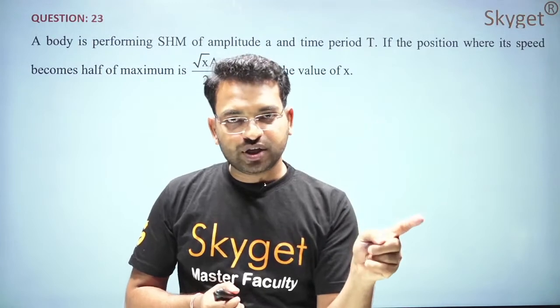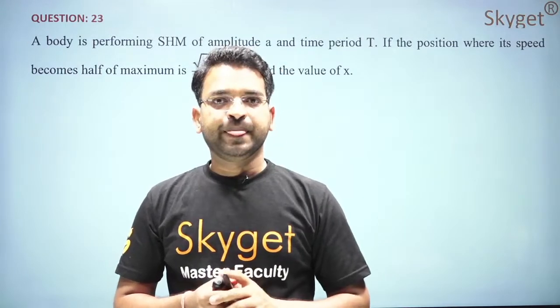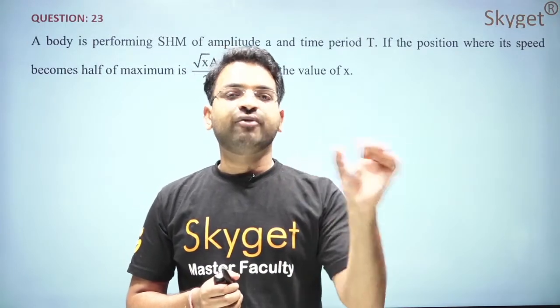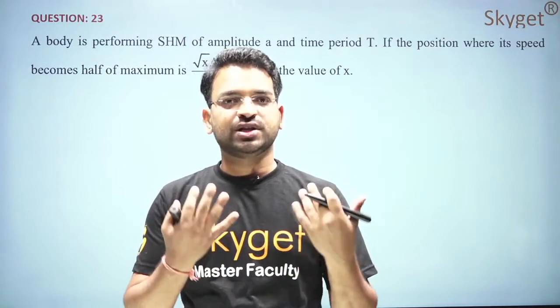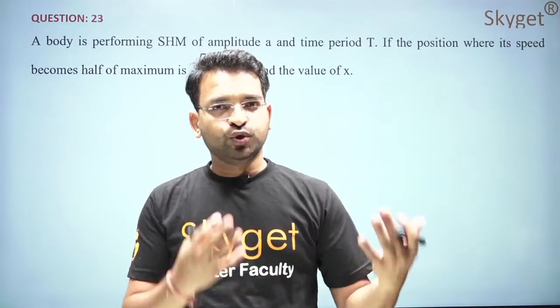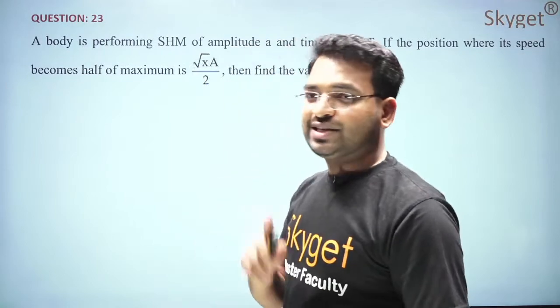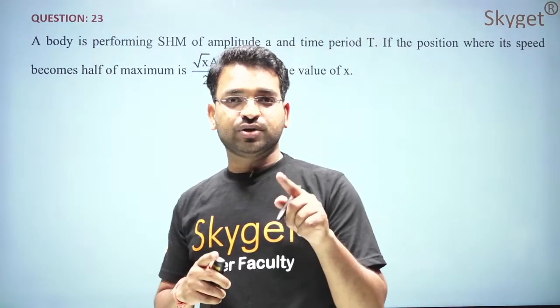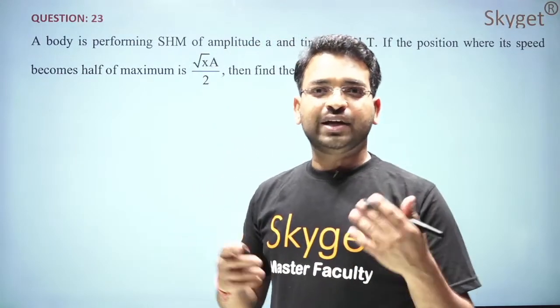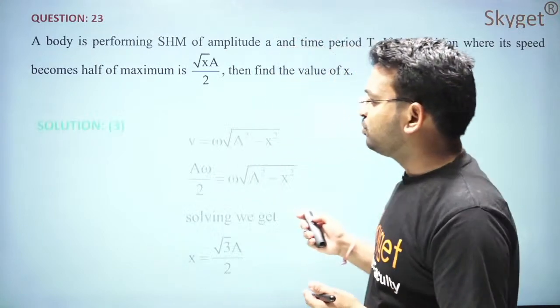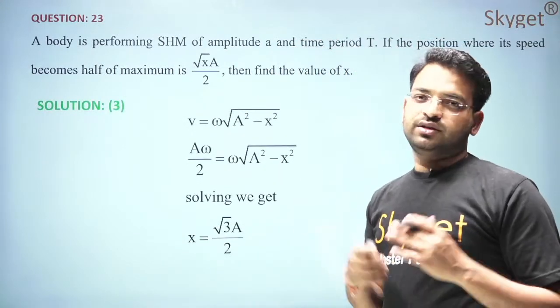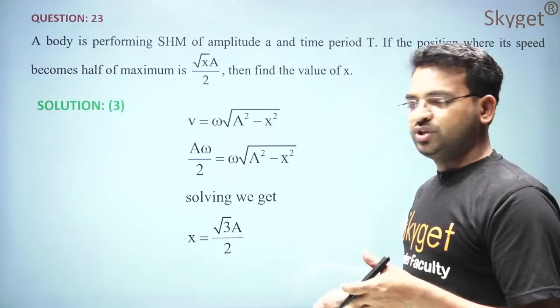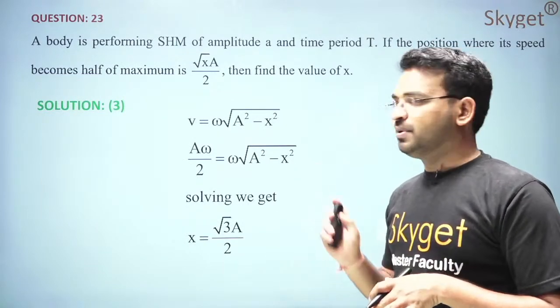Differentiate, and you will get the velocity equation, which gives you one relation. Then they are saying that the velocity is half of the initial, and the initial velocity is A omega, so you use that. Otherwise, we can use the second formula, which gives velocity in terms of displacement. We will use that second equation to get the result. This is a simple question: put the formula, get the answer.